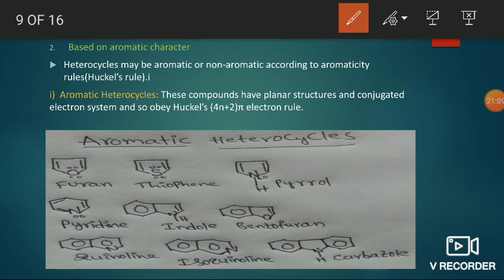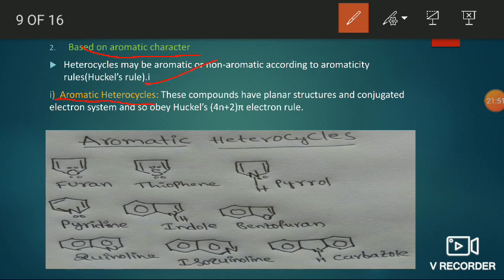the second parameter for classification of heterocycles is based on their aromatic character. The first was based on the ring structure: they may be monocyclic or simple heterocycles, or condensed heterocycles. The second classification is based on whether they show aromaticity. If they show aromatic character, they are called aromatic heterocycles.